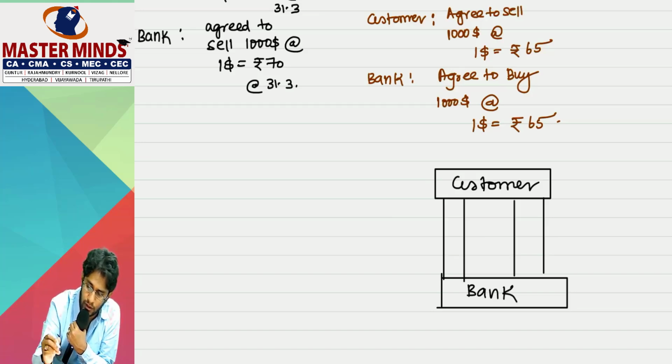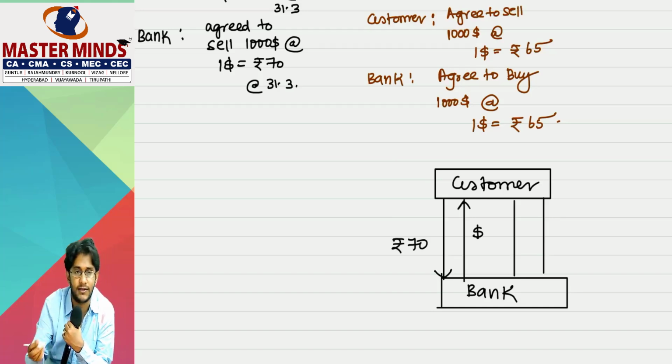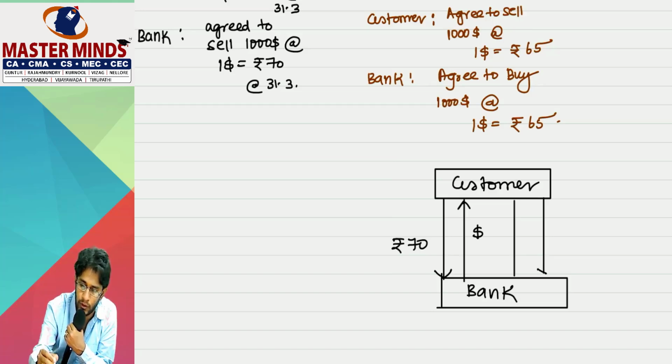My original contract is, I told him that I will buy dollar, I will pay him 70. In the second contract, I am saying, no sir, I cannot buy dollar from you, so I am cancelling the contract. I will enter into a sell contract, sell dollar now, and you pay me.